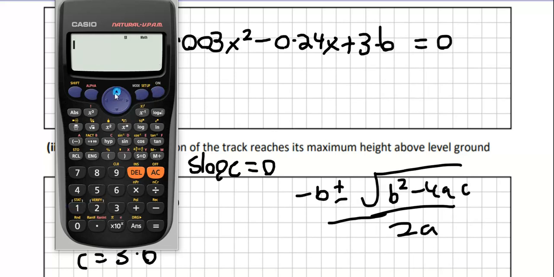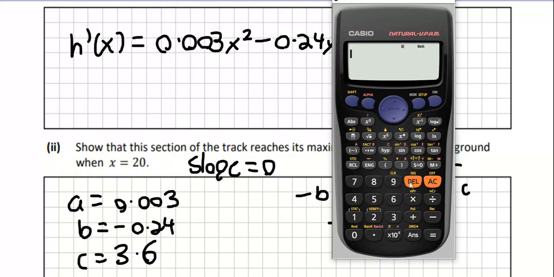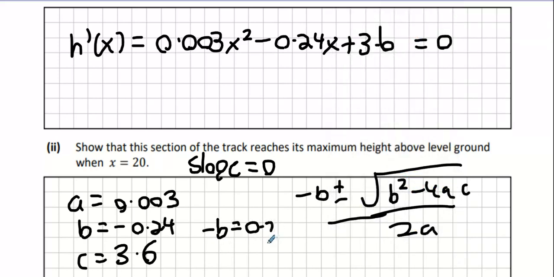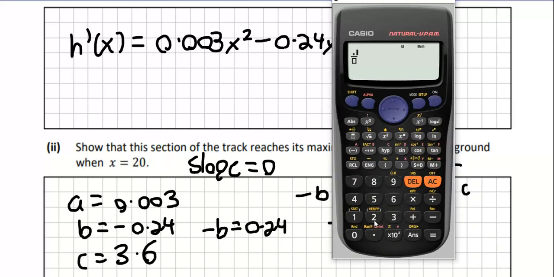Now let's mode back to 1. No memory, unfortunately. So here we go. Minus b will be 0.24. So 0.24 plus the square root of 0.24 squared minus 4 times a, 0.003, times c, which is 3.6, all over 2a, which is going to be 2 times 0.003, and you get 60.